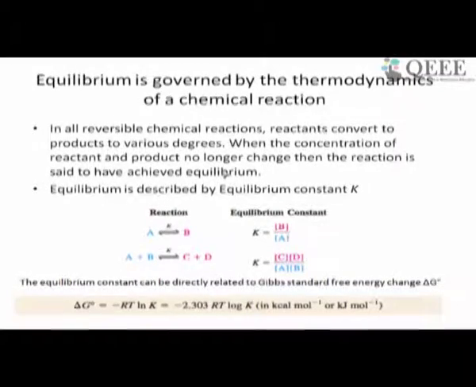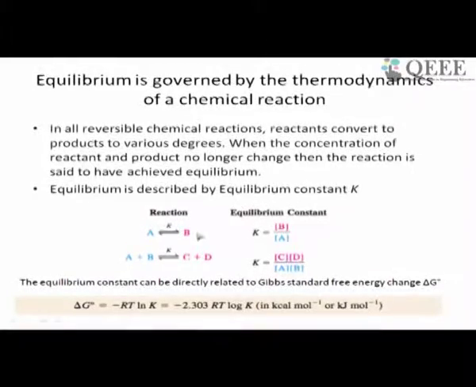That is, the equilibrium is far towards the starting material side. Suppose the product is in more amount, let's say 95 or 99%, then we can say that it is far towards the product side. And these equilibrium reactions are represented by the equilibrium constant.